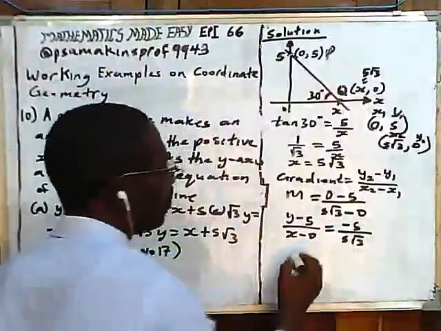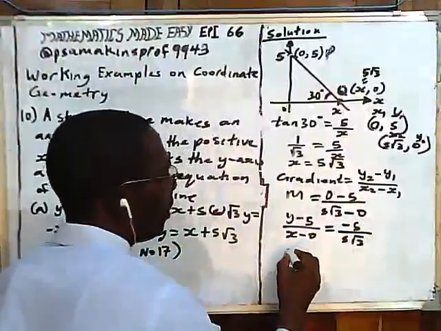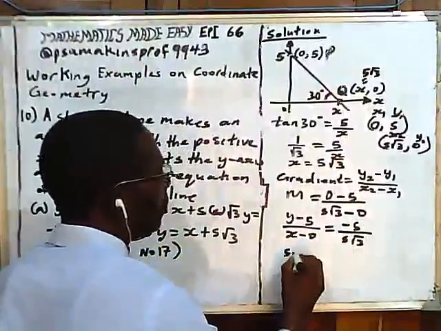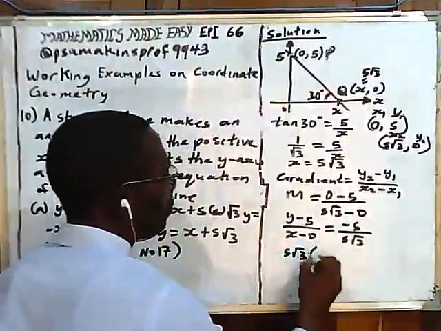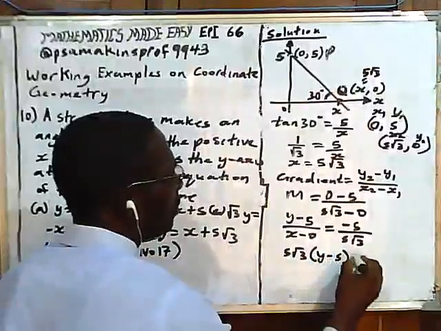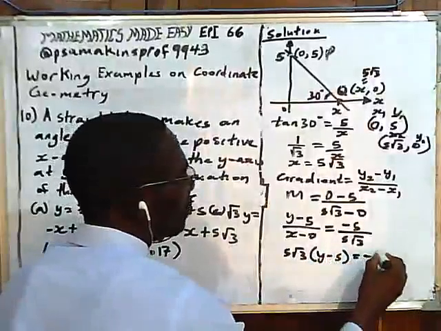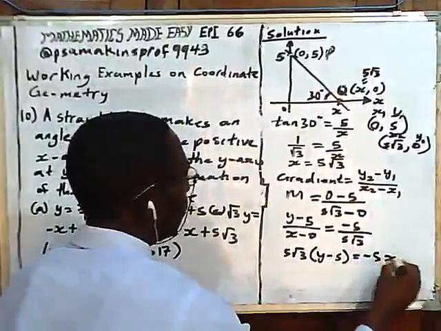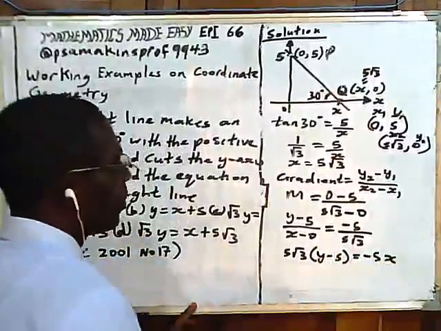If we cross multiply, we are going to have 5 root 3 into y minus 5 equals minus 5 of x.